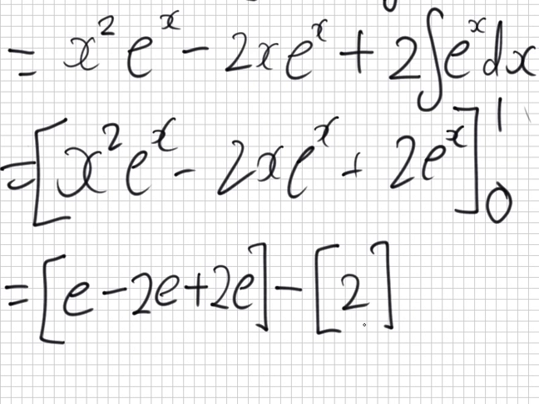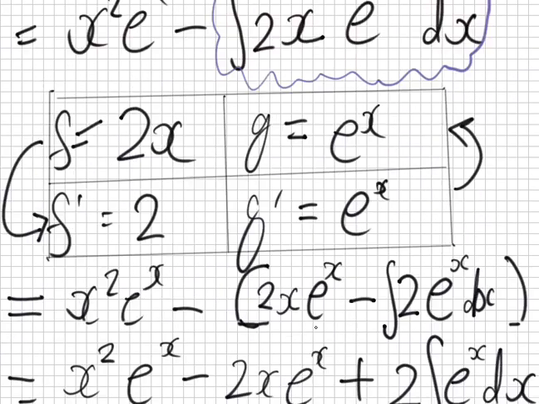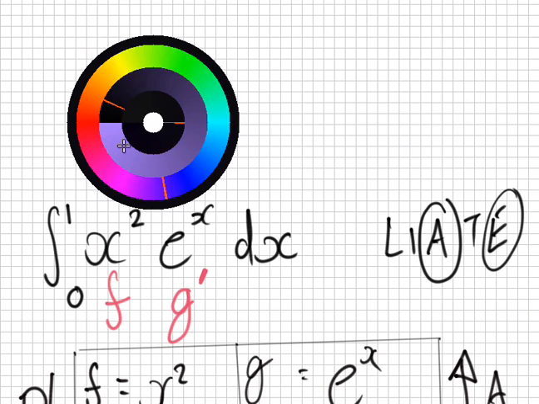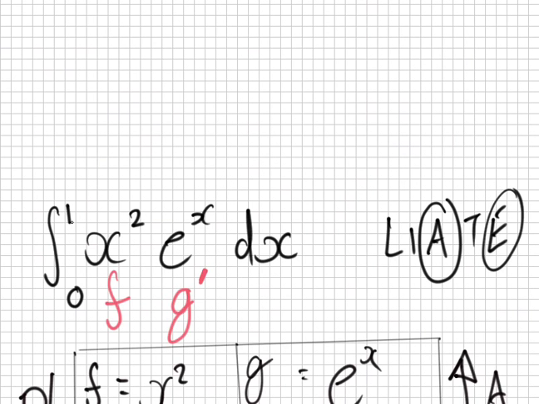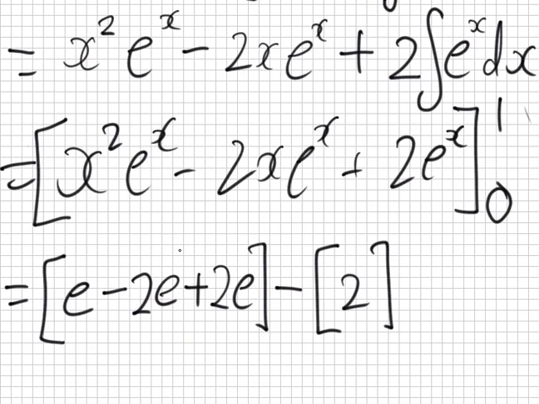Sorry. Why did you put the bracket for all of this? Because if you want to think about it like this, you can forget about the 0 and 1, okay? And if I just said integrate this, what would the answer be? Well, you wouldn't say, oh, it's only this.